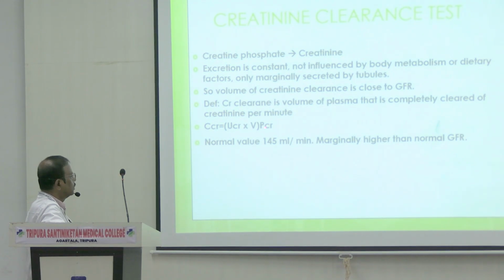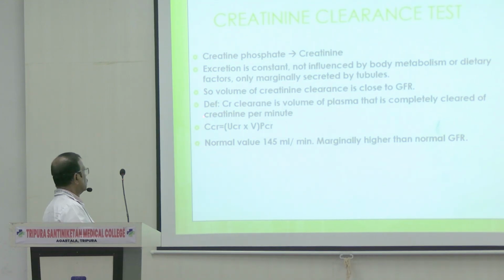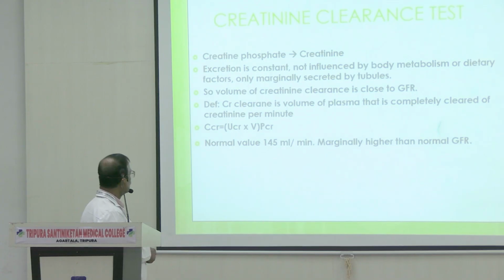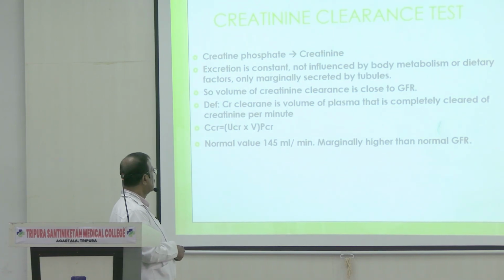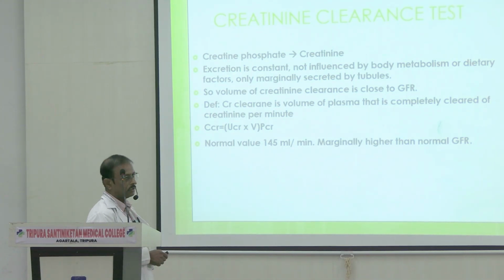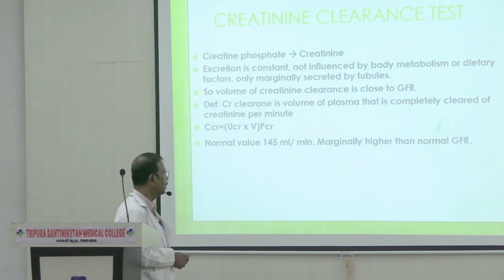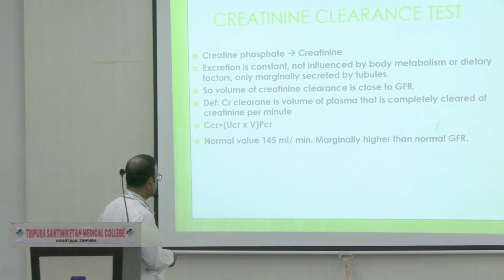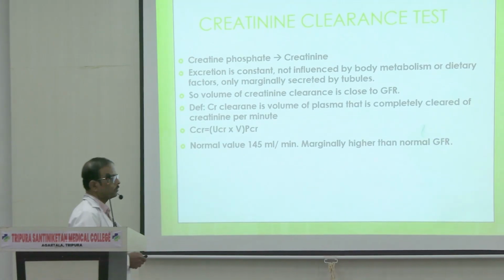The formula is used as before. Clearance of creatinine is equal to urinary concentration of creatinine into volume of urine passed in 1 minute divided by plasma creatinine level, expressed in milligram per deciliter, both urinary creatinine and plasma creatinine.